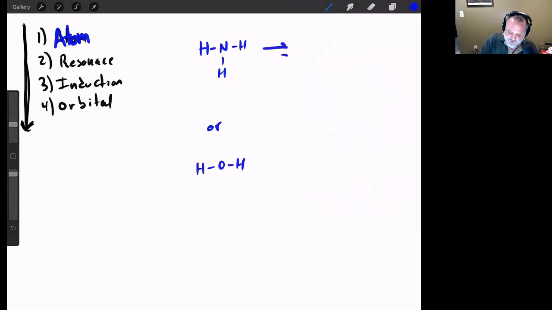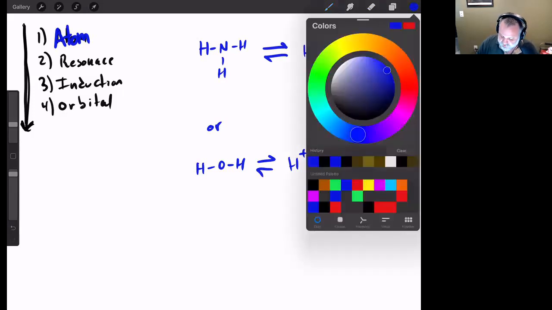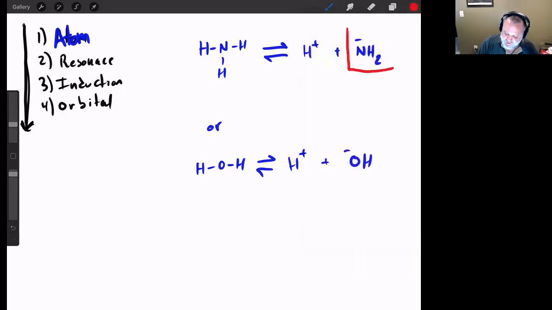If I were to think about how the individual species would donate a proton in a Bronsted-Lowry acid-base equilibrium, I would then take a look at the different conjugate bases and examine the atom that holds the negative charge.